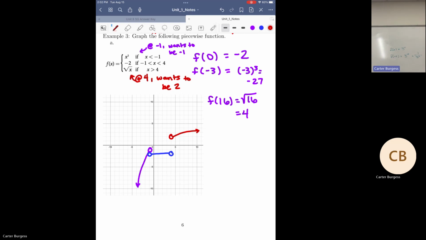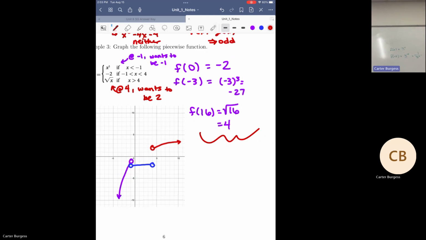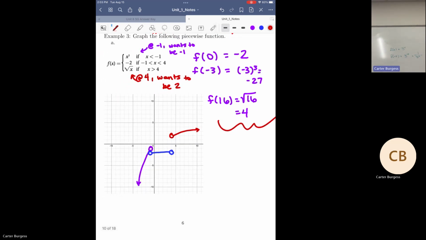This first bit of what we were doing, plugging in the various bits, identifying which pieces of the domain this matches to, correctly plugging it in, evaluating what that's going to be, is the more important part of the piecewise stuff. But I wanted you to have seen the graphing bit as well. So focus on the equation representation, and keep in mind that the graphing is not as scary as it would seem.